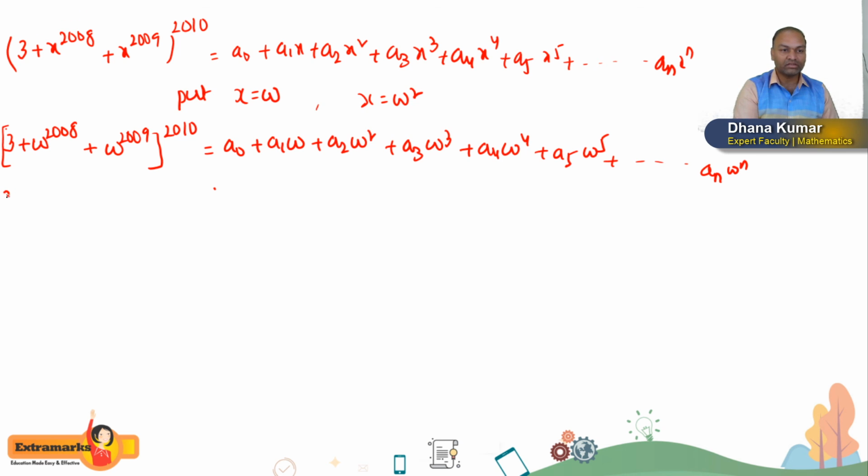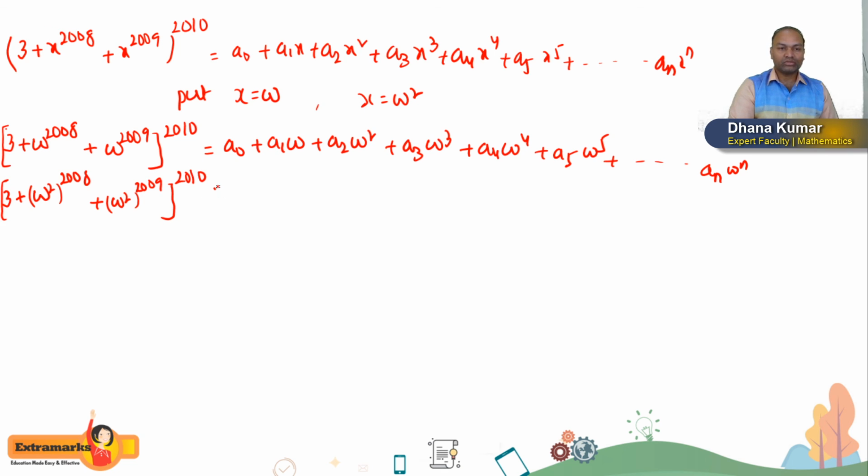Then it becomes like this. 3 plus omega square whole power 2008. Next omega square whole power 2009, whole power 2010.